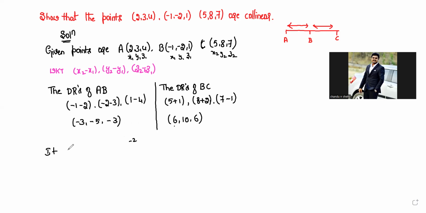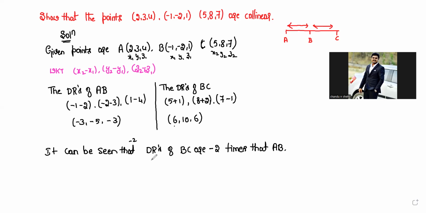It can be seen that direction ratios of BC are minus 2 times that of AB.